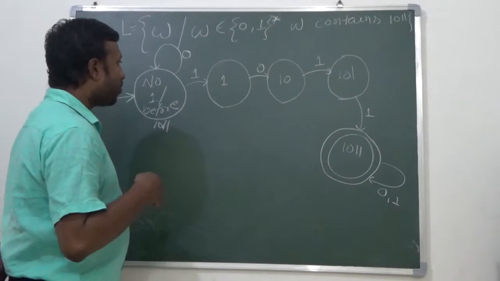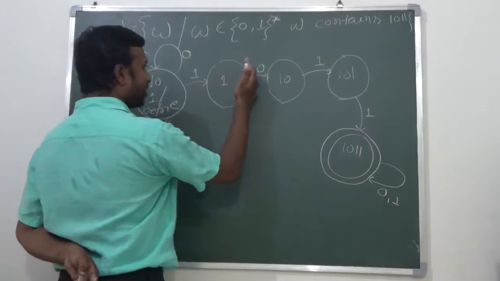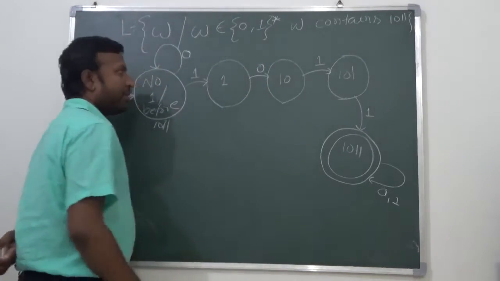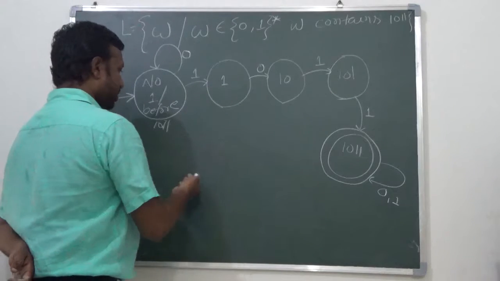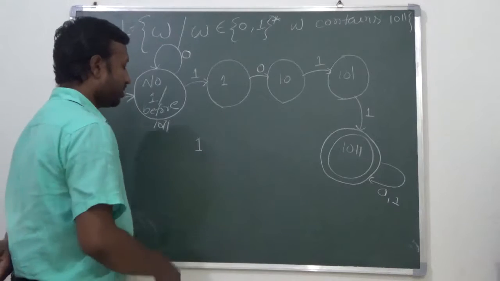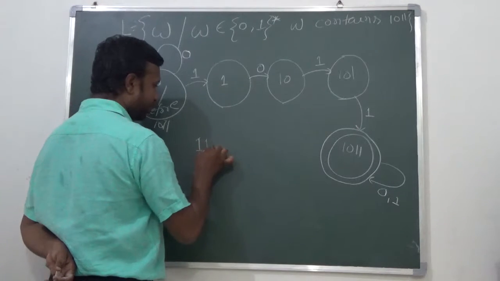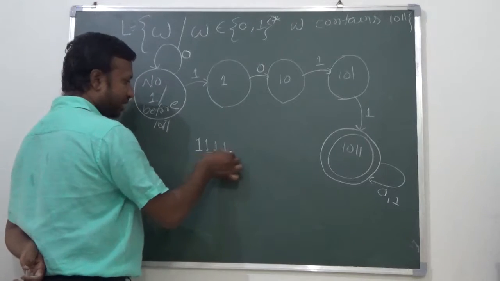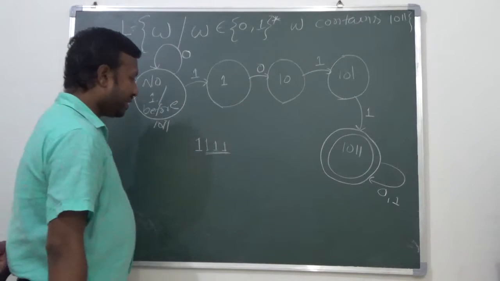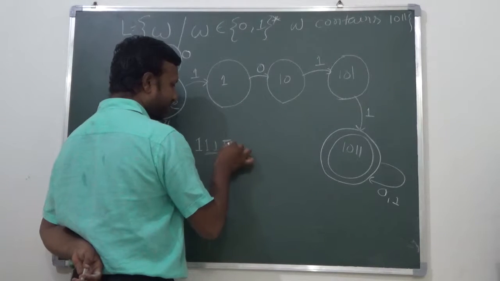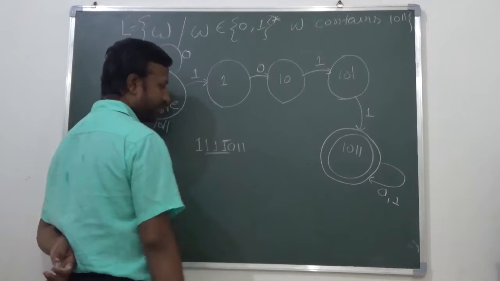Now think from this case. What if I am getting a 1? By getting a 0, I have already seen 1, 0. But by getting a 1, suppose the machine has seen a first one, then the machine is seeing consecutive ones. If the machine is seeing consecutive ones, there is a chance again from the last one that the machine will see 1011, right?